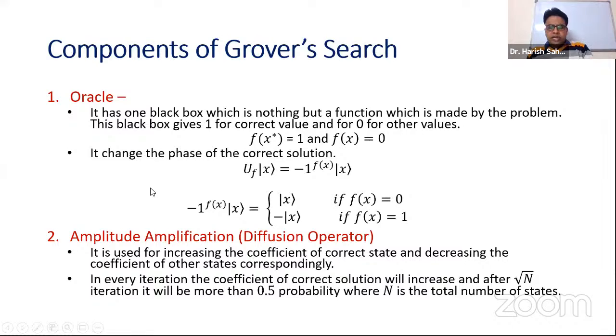Initially all states are equally likely, and after one iteration of this Grover operator, the probability of the desired state increases. If we apply this operator square root of N times, then finally we will have more probability of getting x star on measurement, while other states will have less probability.